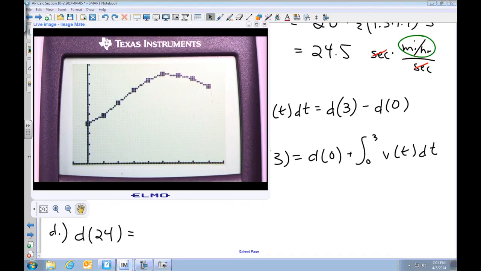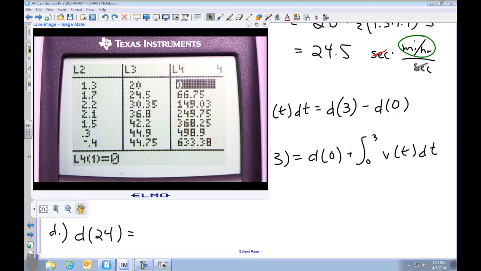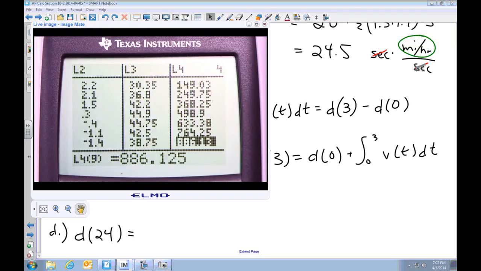So if we go over to list 4. Initially our displacement is 0. Now again, if it's not 0, then you can just add some constant to each of these values in this list. But otherwise, at 3 seconds, it's 66.75 and so forth. All the way up to 24 seconds, it's 886.125.